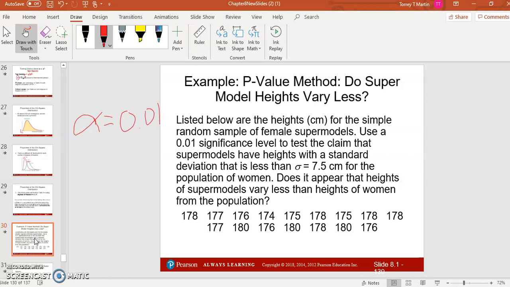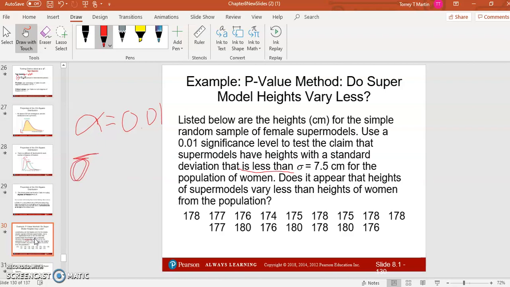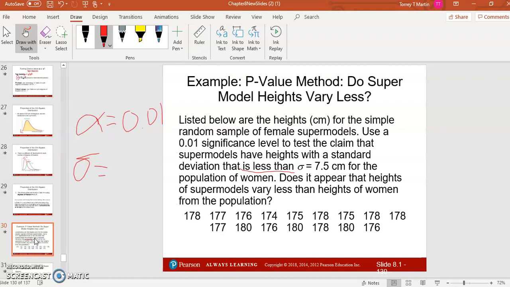To test the claim that supermodels have heights with a standard deviation that is less than 7.5, well, we already know our population parameter is sigma, and our null hypothesis is always equal to, so sigma equals 7.5.